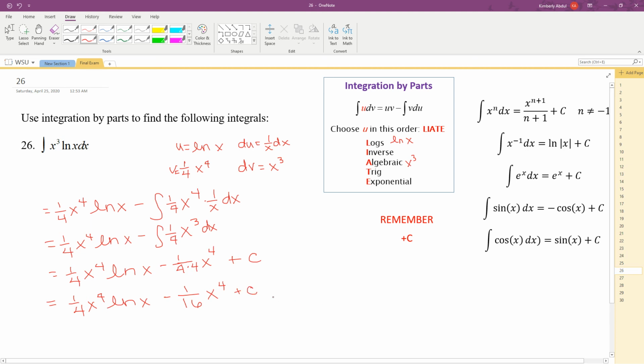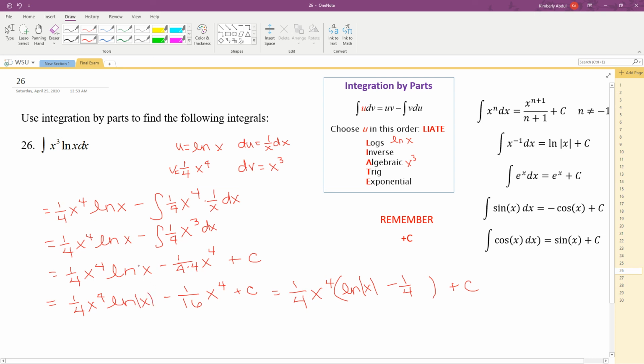Or I could pull out 1/4 x to the 4th from each of the other terms. And here I would be left with a natural log of x. And then right here, I would be left with just plain 1/4. And we would still need to make sure to have our constant added at the end.